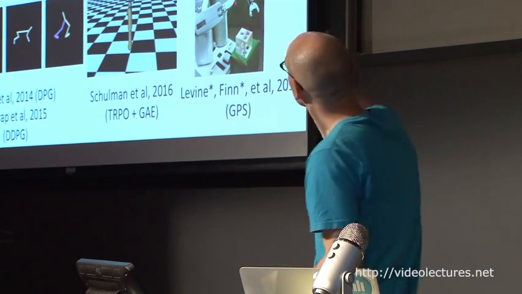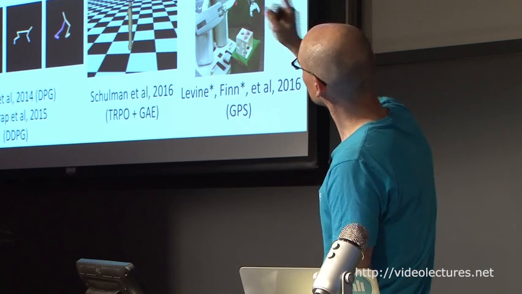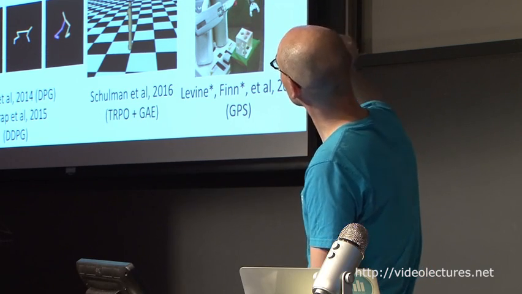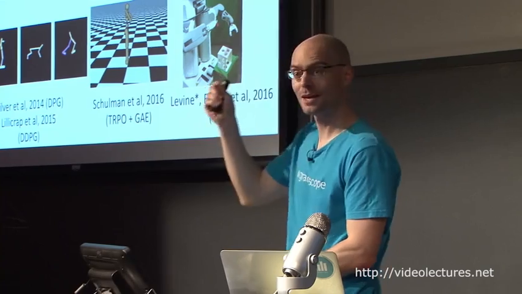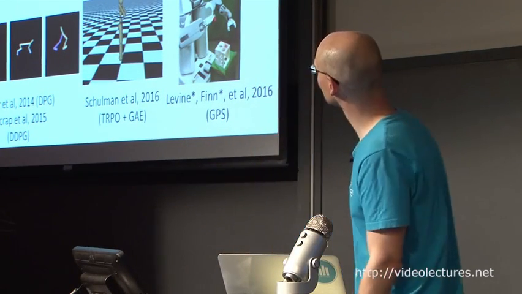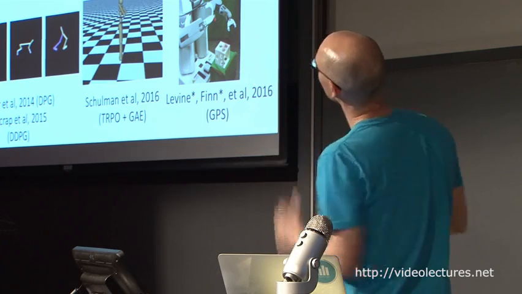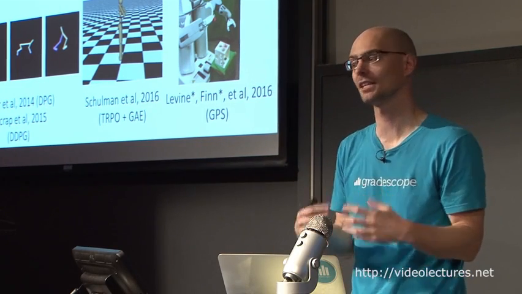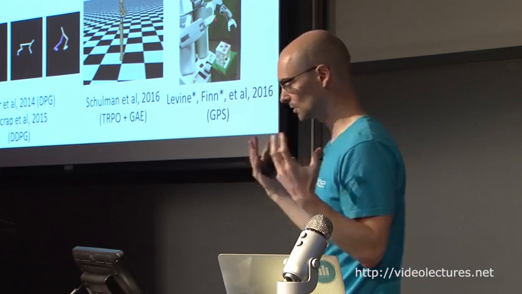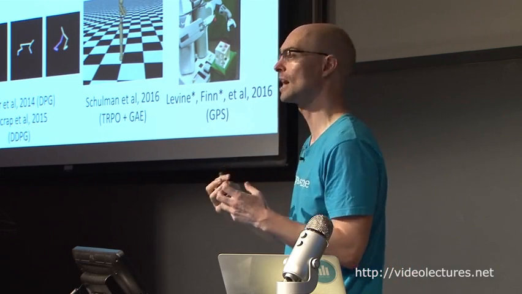So the top row here shows some success stories in legged locomotion, helicopter flight, another legged locomotion one, and a cup game where you have to swing up a ball on a string and get it into a cup. They were all successfully trained on very small representations, nothing deep there, but policy optimization methods were able to succeed at these tasks where the policy was encoded with a relatively small number of parameters.